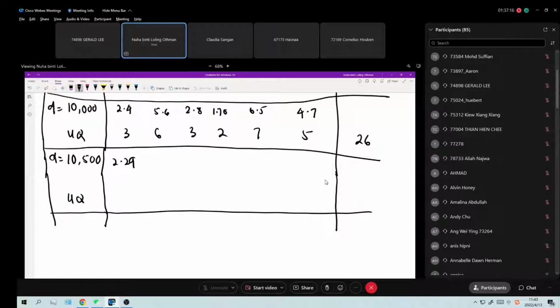Then try for beta, 56,000 divided by 10,500, which gives you 5.33. Another one is 28K divided by 10,500. Wrong.